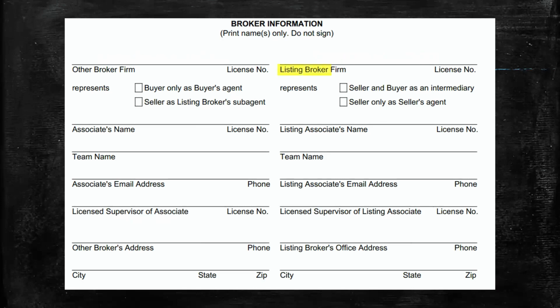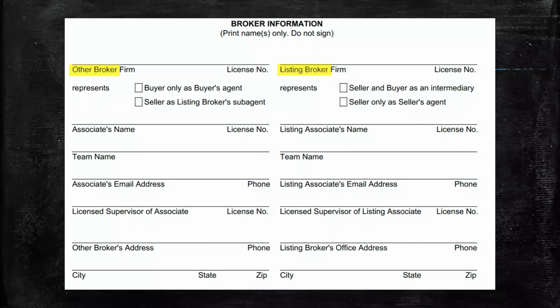On the right-hand side of the page is always where the listing broker is written in. And on the left-hand side of the page, the contract calls it the other broker firm. What we mean here is the buyer's agent or the buyer's broker. So let's assume that our agent is representing the buyer in this particular transaction.